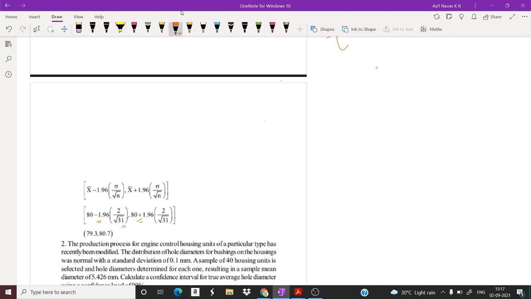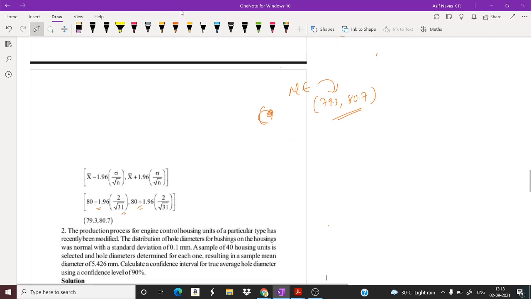So the confidence interval is 79.3, 80.7. So mu will be in this interval with a 95% chance. So that is the confidence.